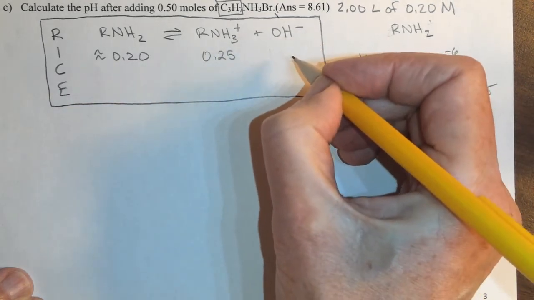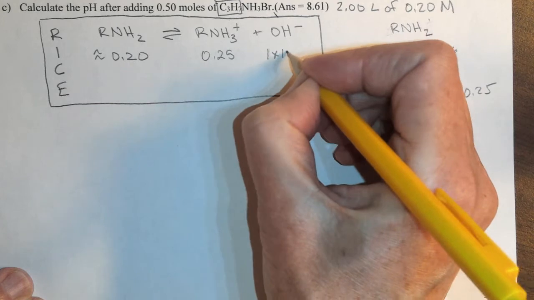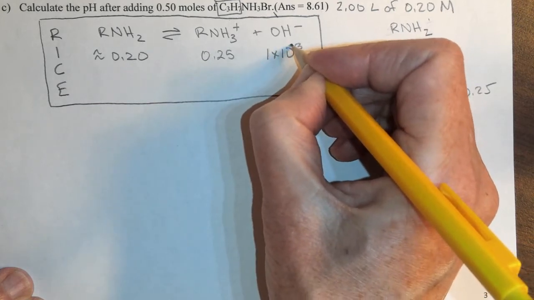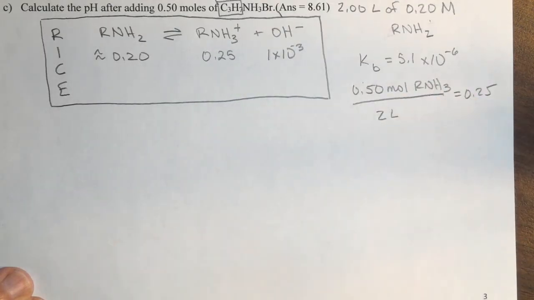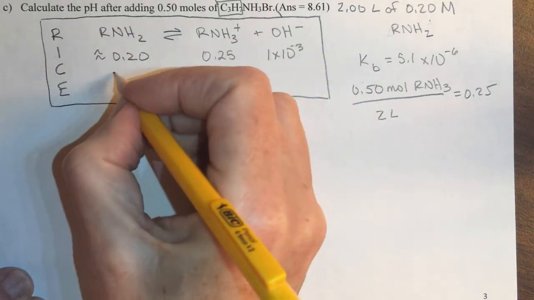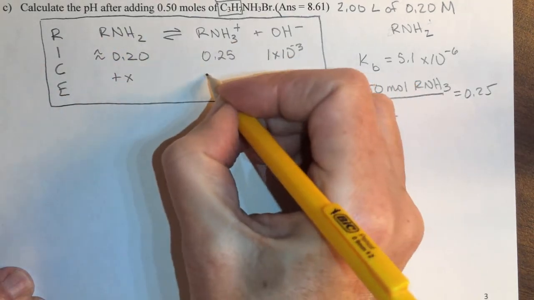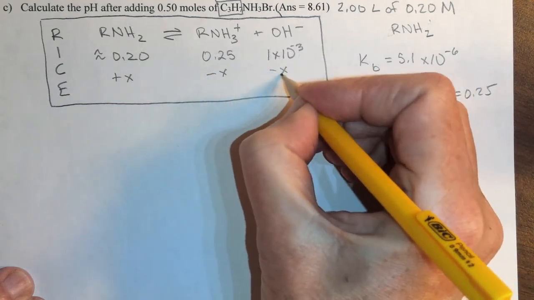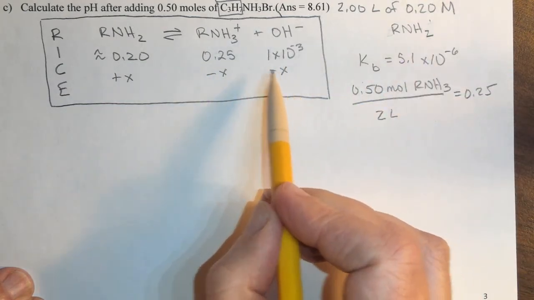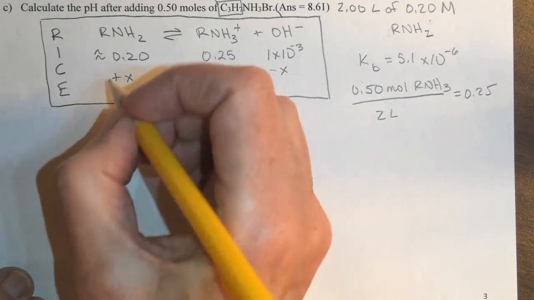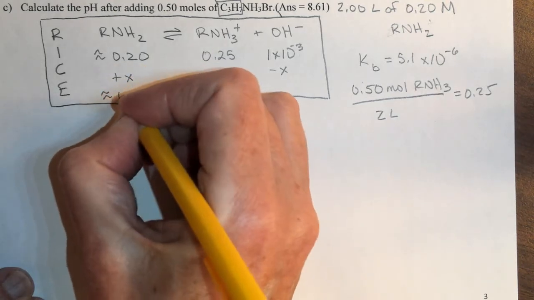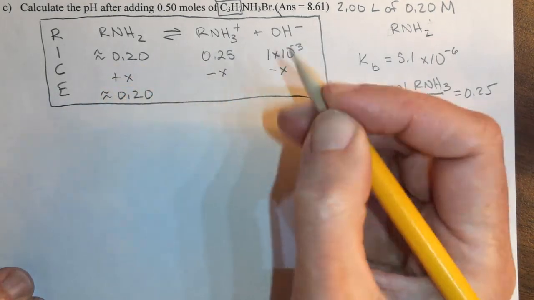So we put 0.25 in here. We say that we have 1 times 10 to the negative 3rd of the hydroxide. That came from the previous problem. We're going to be adding x, subtracting x, subtracting x. Remember, we said that the reaction would shift back towards reactants. We still will have approximately 0.20.